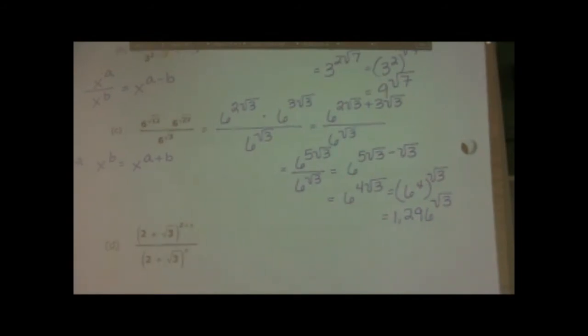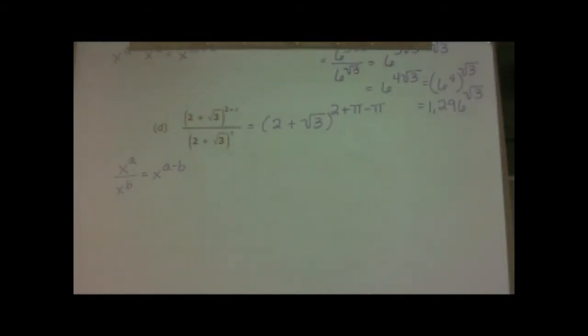All right, let's take a look at D. Notice, I actually have the same base on the top and the bottom. That whole binomial is my base. All right, so here's what I've got. I'm using this law. x^a over x^b is x^(a-b).